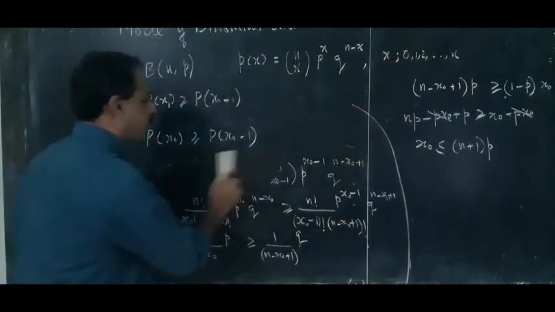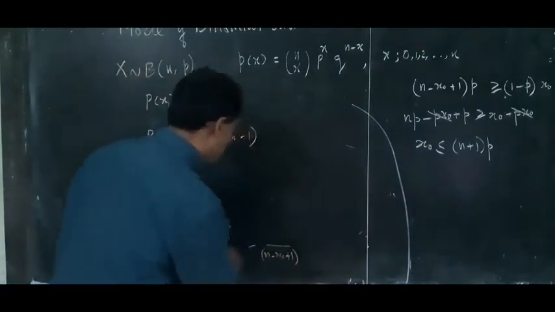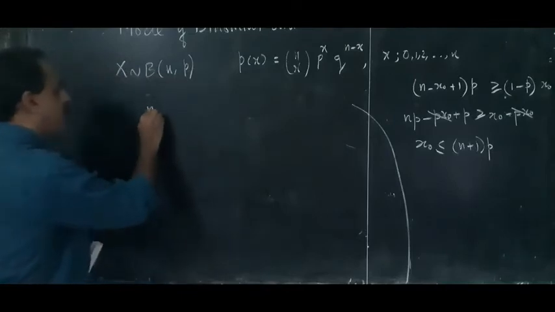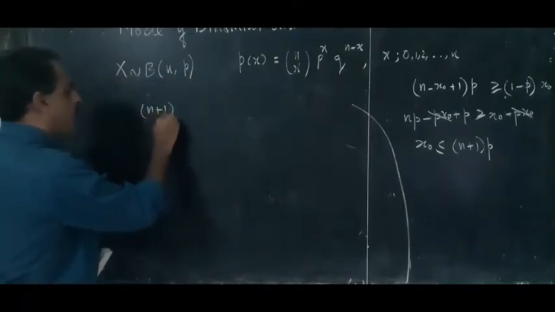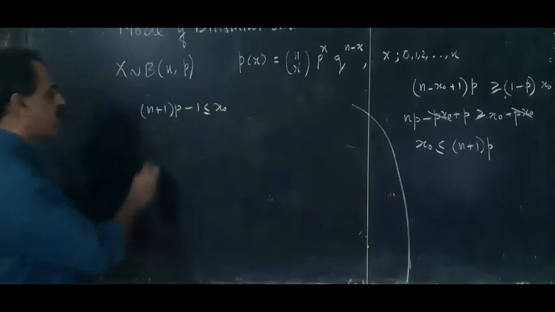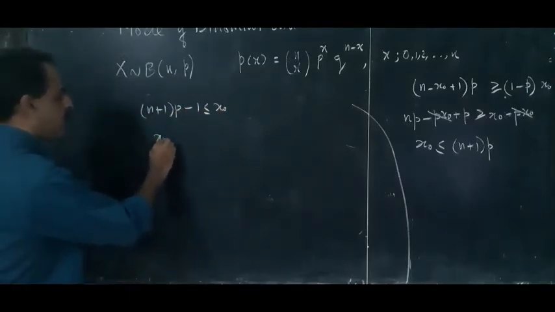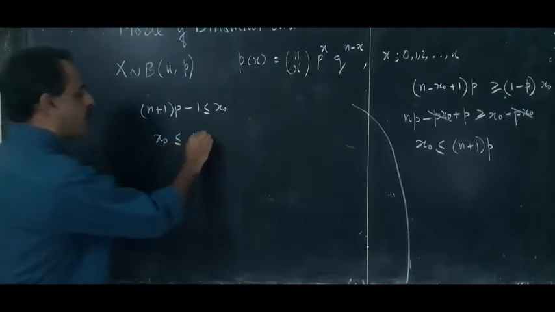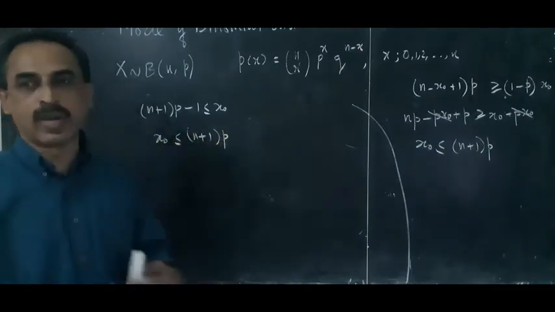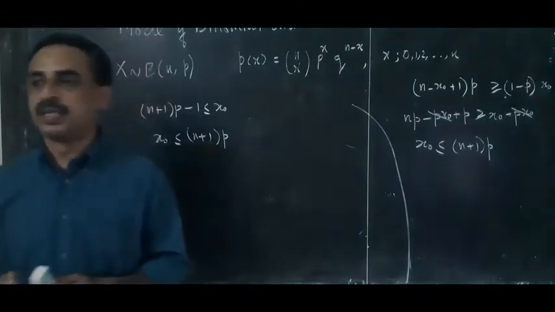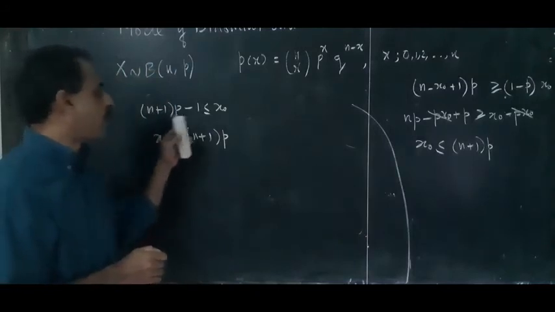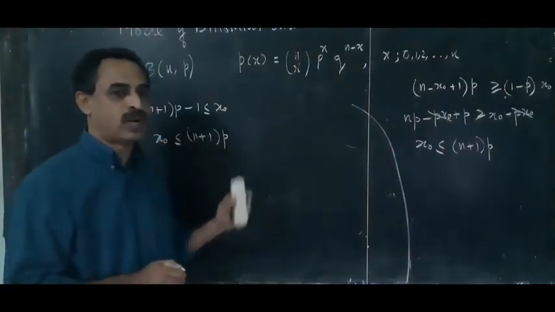In short, from the first equation, we get (n + 1) p − 1 ≤ x0, and from the second equation we get x0 ≤ (n + 1) p. So if we combine these two equations, we see that the mode lies between (n + 1) p − 1 and (n + 1) p.